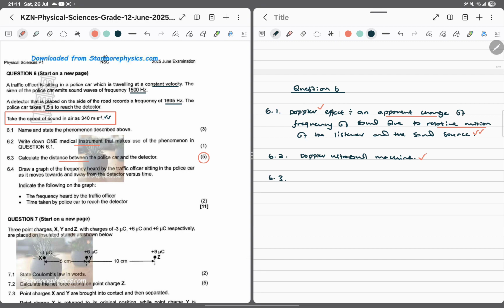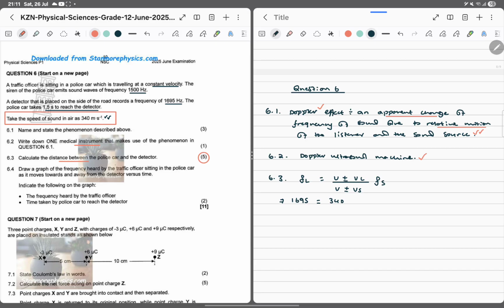so we're going to use our Doppler effect equation for this calculation. The frequency of the listener is going to be the velocity of sound in air plus or minus the velocity of the listener, divided by the velocity of sound in air plus or minus the velocity of the source, times the frequency of the source. The detected frequency was 1695 equals 340.